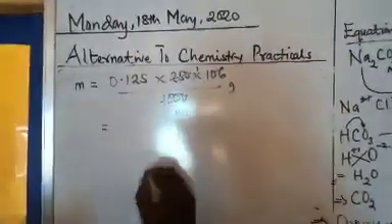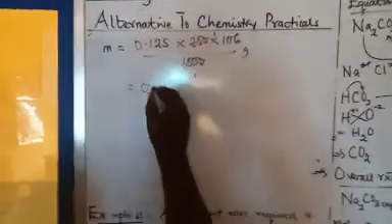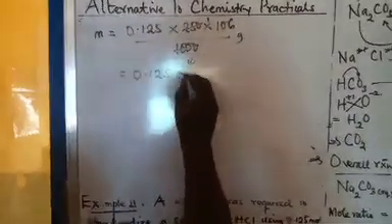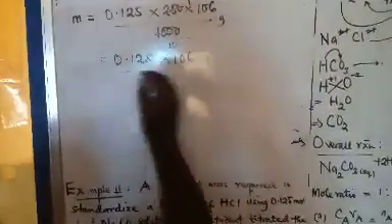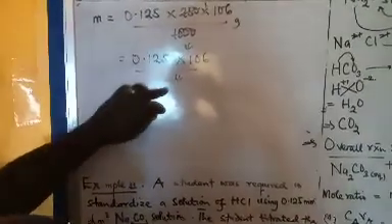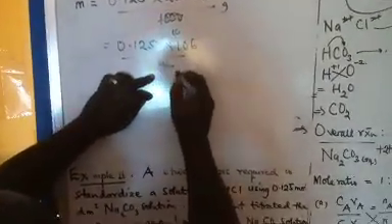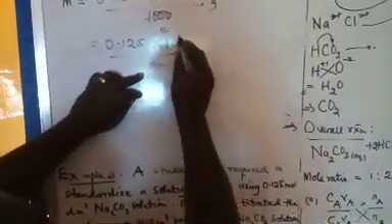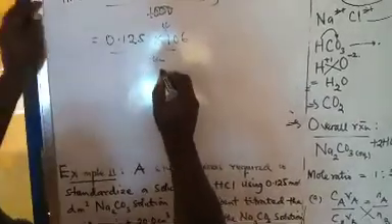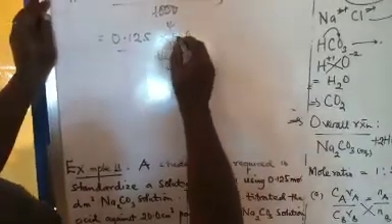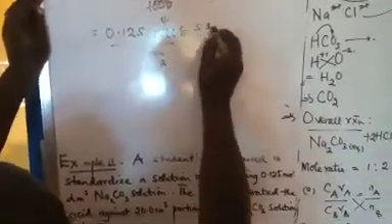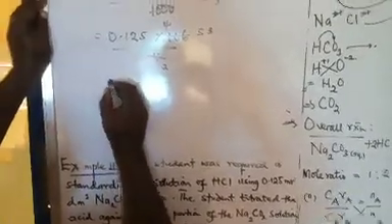Multiply this out. 250 over 1000 is 1 over 4. So here we have 0.125 times 106 divided by 4. Can 4 go into this? 2 can go. 2 into 4 is 2, 2 into 106 is 53. Alright, so we have 0.125 times 53 divided by 2 grams.